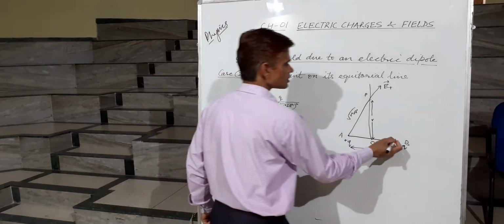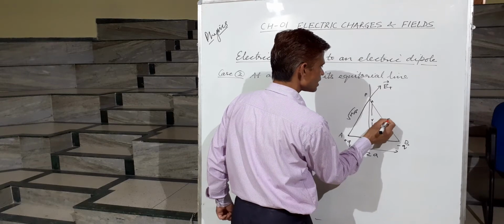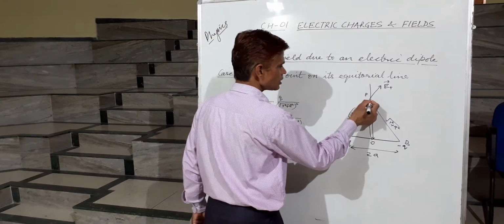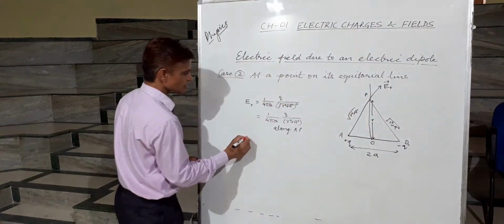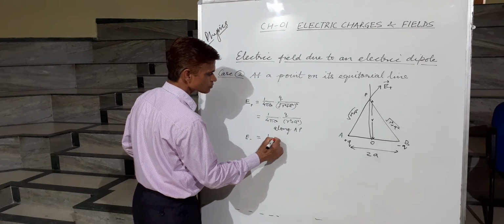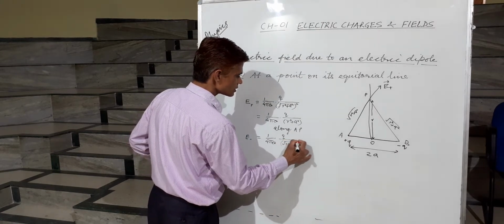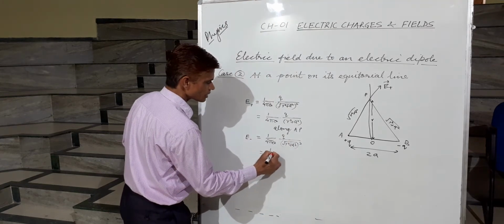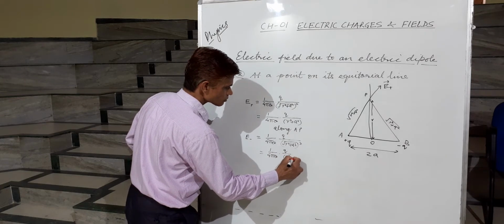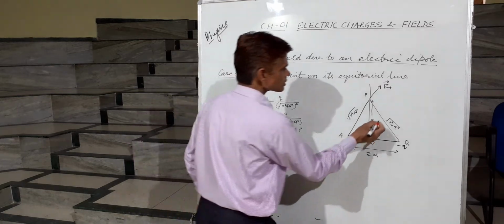Now, the electric field due to the negative charge at this point, this distance is also under root r square plus a square. So what is the electric field at this point? The magnitude will be the same, that is 1 by 4 pi epsilon naught q upon r square plus a square, but it will act along this direction.